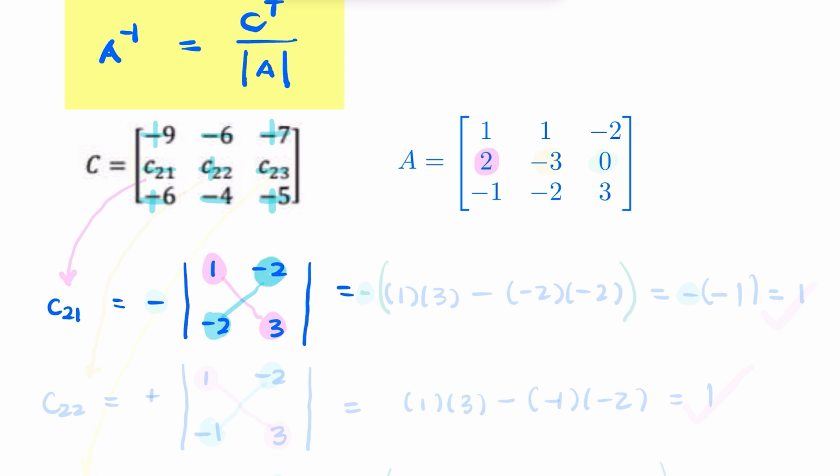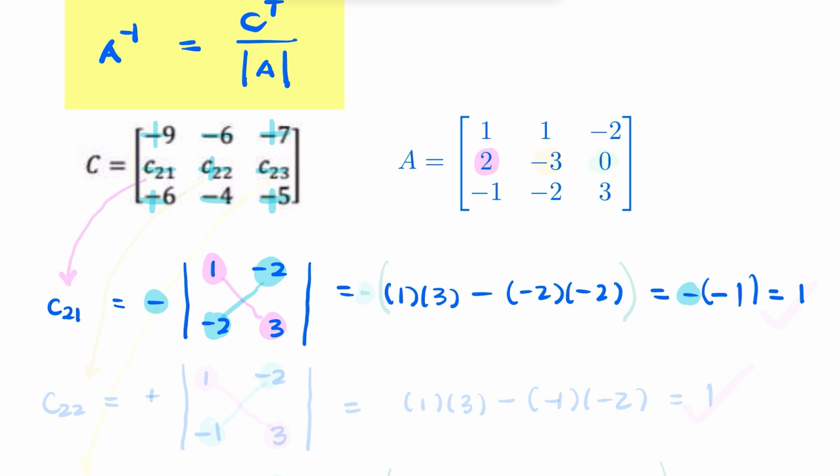So the first diagonal product is 1 times 3, and we subtract from that negative 2 times negative 2. So that gives me 3 minus 4, which is negative 1, but then we have a minus sign before that, so it's negative, negative 1, so that's 1. This negative comes about from the position in the matrix.